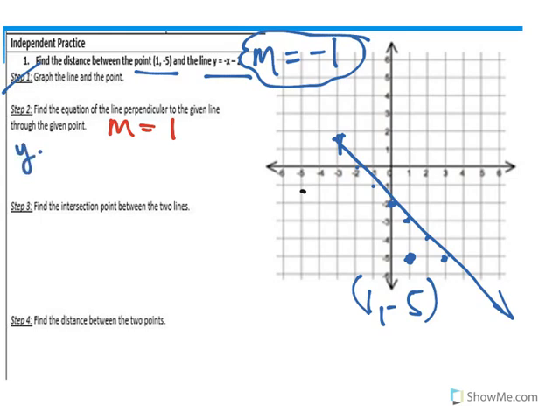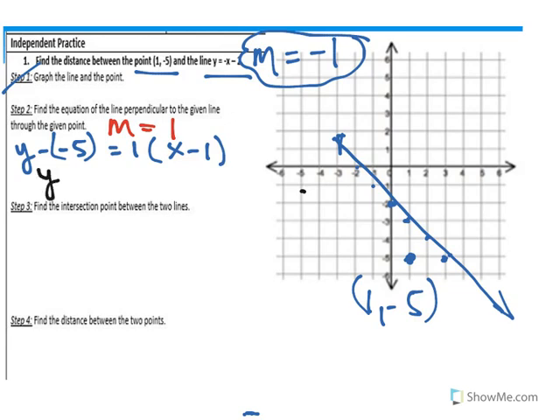Okay, so let's do some point slope form. So y minus y1, or in this case we said was negative 5. So y minus a negative 5 equals my slope, which is positive 1, x minus x1, in this case 1. Okay, so now we just got to do a little distribution and some simplifying here.